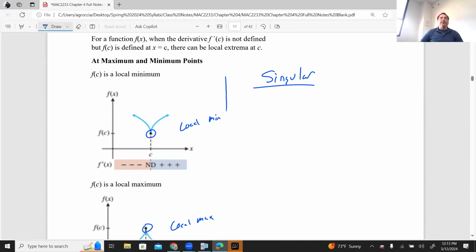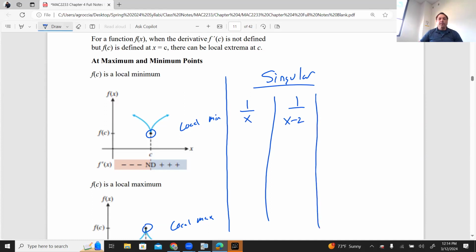Okay, now, first of all, pretend that these are derivatives. 1 over x, 1 over x minus 2, x plus 3 over x minus 1, and x minus 2, x plus 3 over x minus 5, x plus 4.